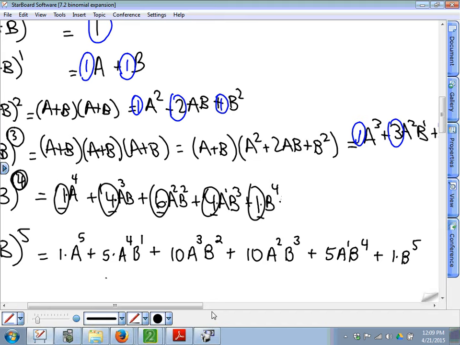Now, it is going to get a little different in a second, but I want you to do one more practice problem like this on your own. So go to page 538. There's a picture of Pascal's triangle at the top, yeah?